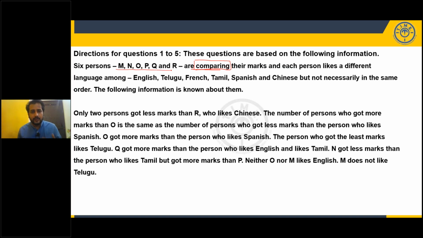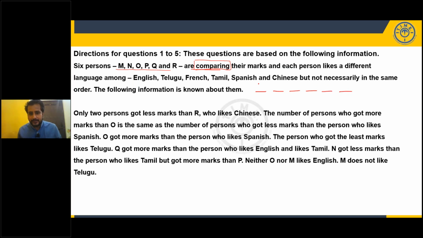So I'm going to decide my order before solving the puzzle, and the order which I have fixed, I'll place the clues also in the same way. For example, 1, 2, 3, 4, 5, 6, 6 positions.